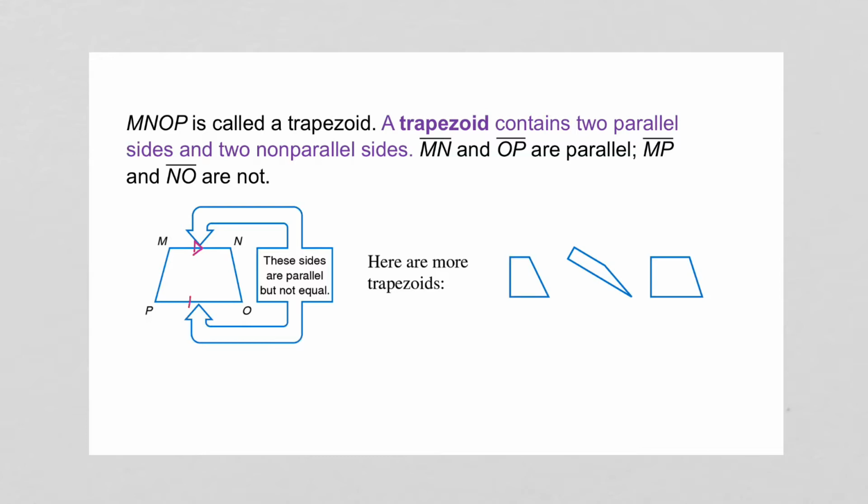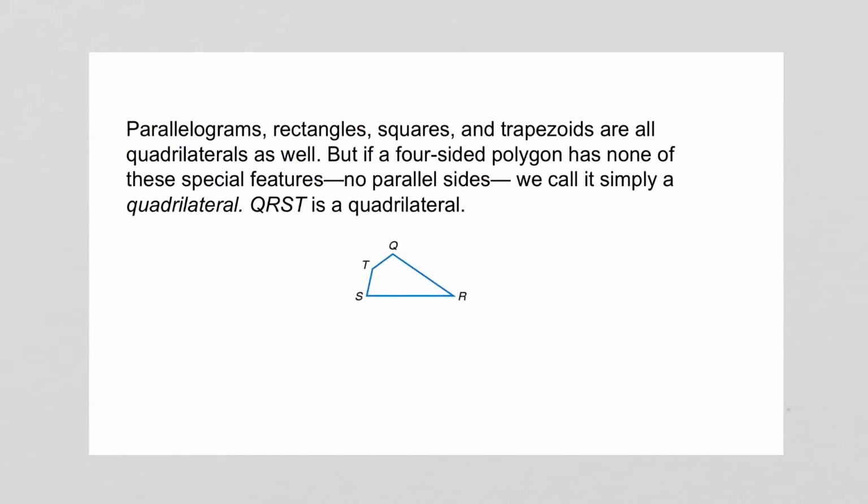So MN and PO here are parallel, but MP and NO are not. And you can have a quadrilateral that is not a rectangle or a square or a parallelogram or a trapezoid. That's this picture.